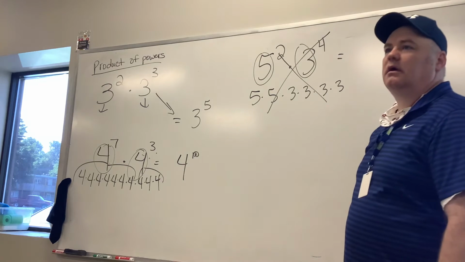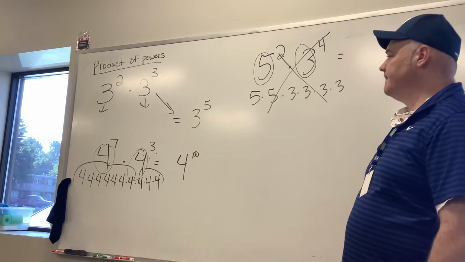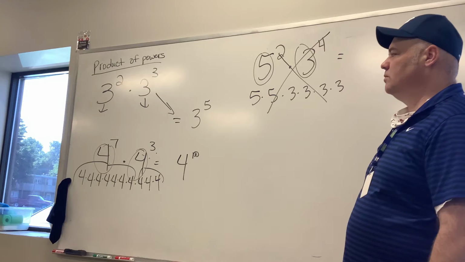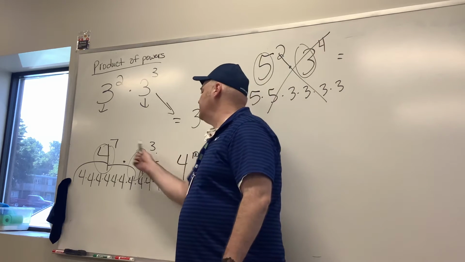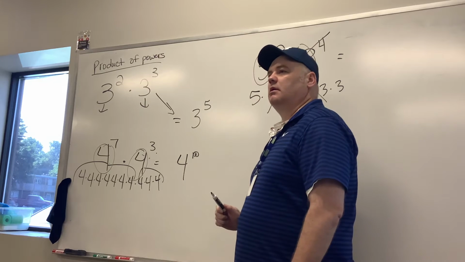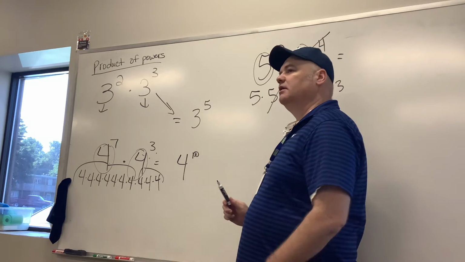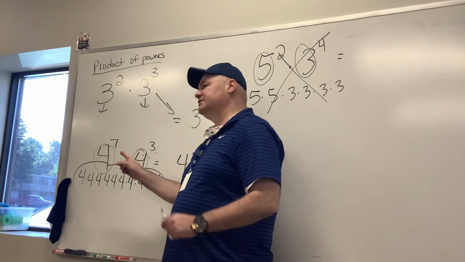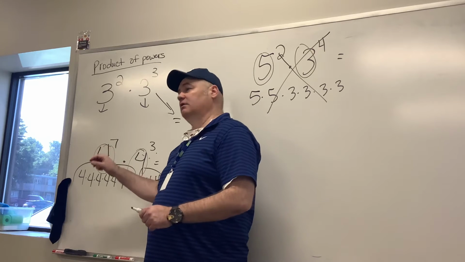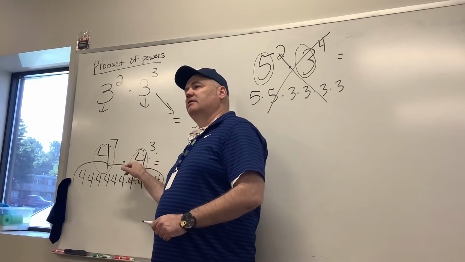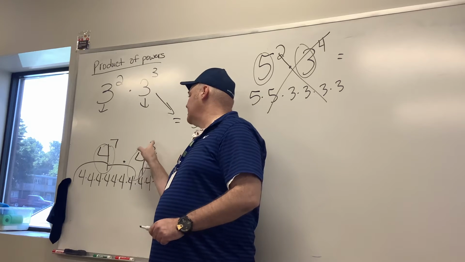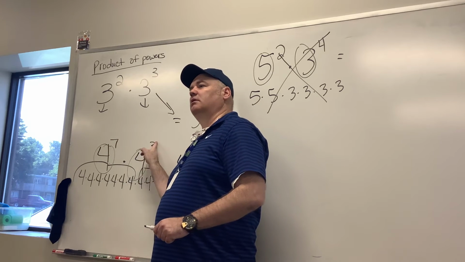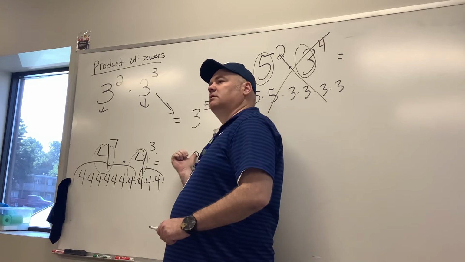So you just went with the bigger number? How'd you get that number? I just added 7 and 3, just like the rule said: when multiplying numbers with exponents, you add the exponents, 7 and 3. That's where I got 10.